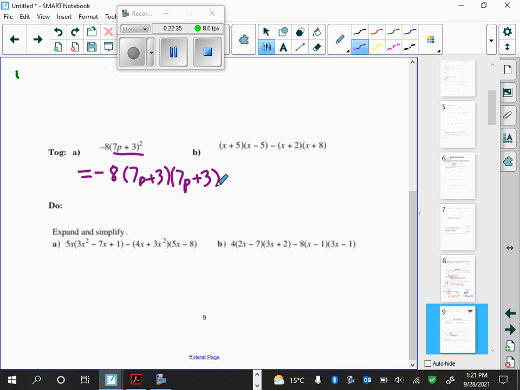Go ahead and distribute to the first bracket and then FOIL, or FOIL and distribute. It's up to you.